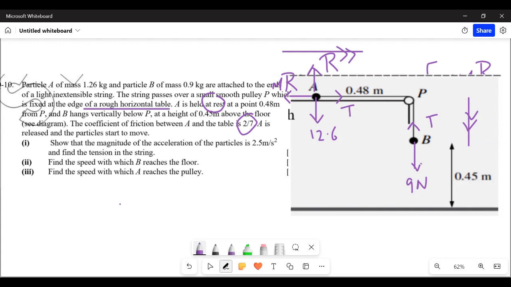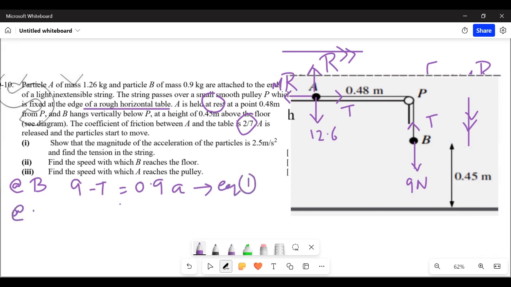We have to form two simultaneous equations and then solve them. So at B, the equation is going to be forward force minus backward force equals MA, equation 1.